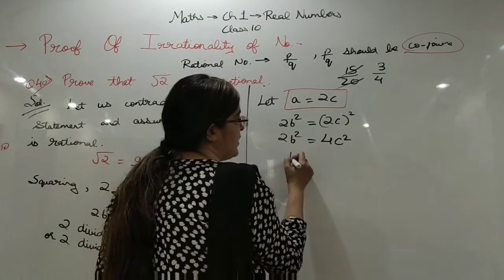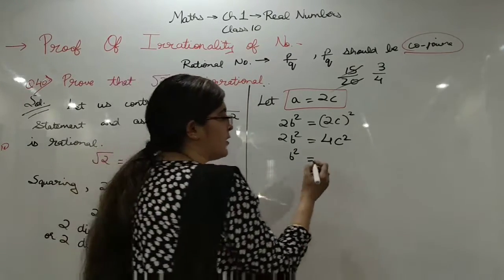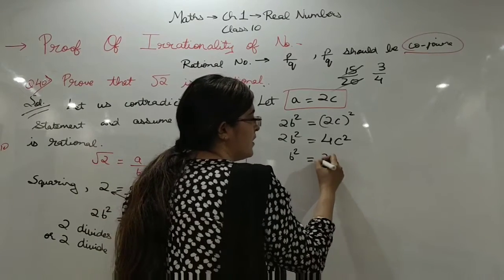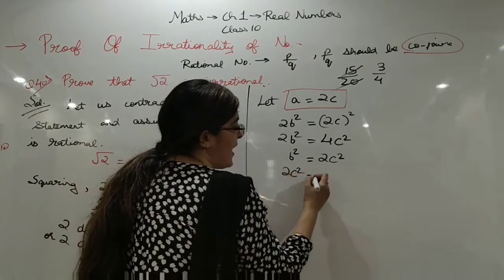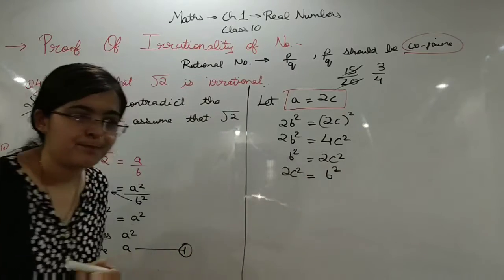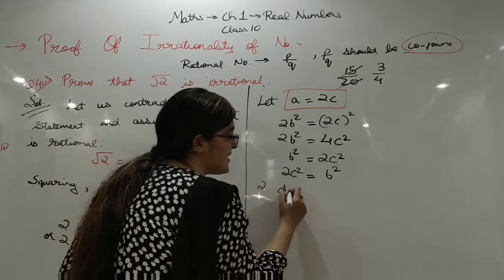Now we can cancel 2 here. We get b square is equal to 2c square, or I can write 2c square is b square. Now again I can see that 2 divides b square.